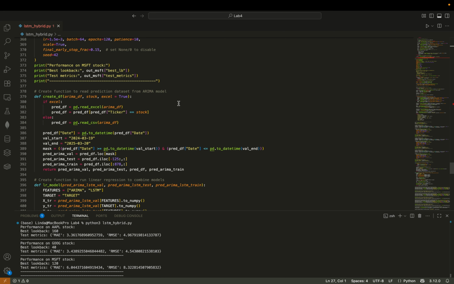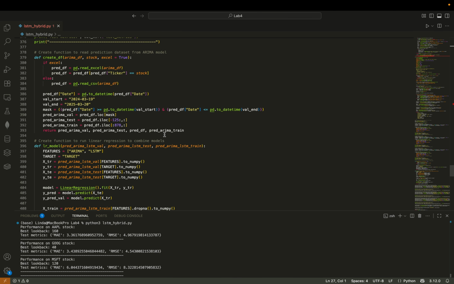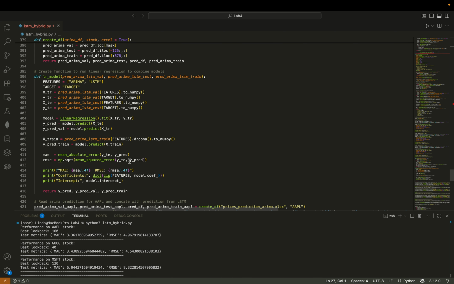Here is the function to read the forecast value from ARIMA or moving average models, and this is the function to run linear regression on the combined forecast value dataset.